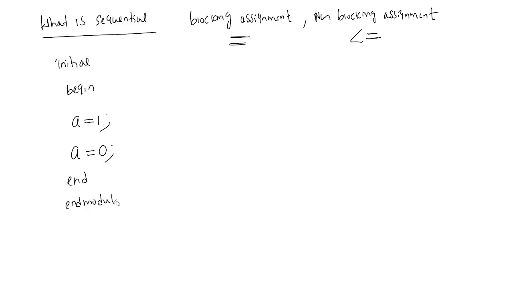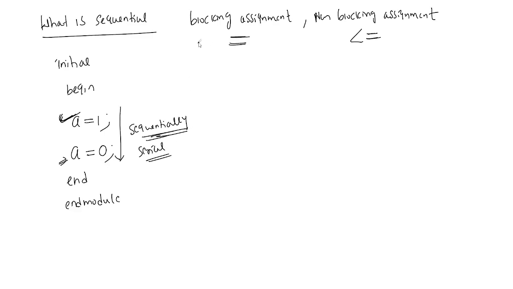This will execute sequentially. What is blocking? When this instruction is executed, the next instruction will be in a blocked state. Only after executing this instruction does the next start executing. That is blocking. So blocking assignments execute serially.